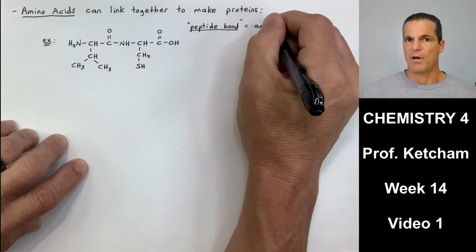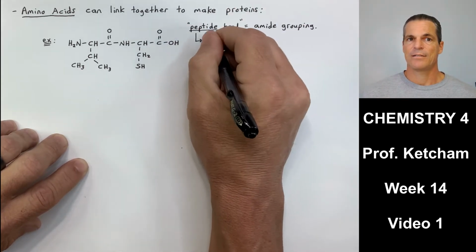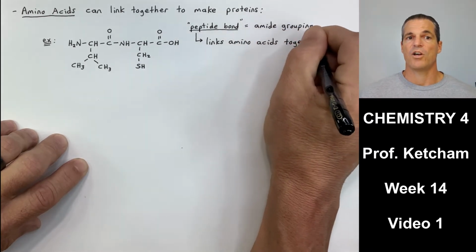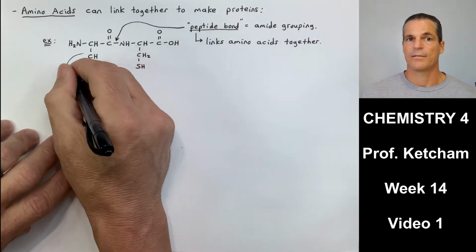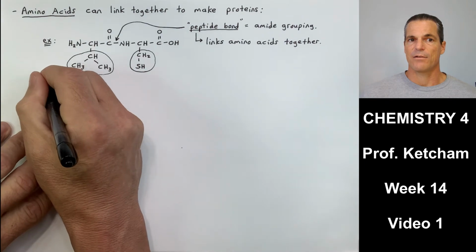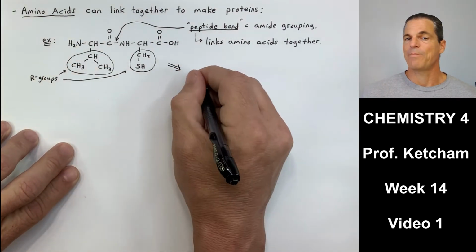Now, a peptide bond we've actually learned about before, and we learned about it as an amide. So if you see in the middle of this compound here where the C double bond O is attached to an NH, that's a new bond. Okay, so if I have two amino acids linked together by one peptide bond, this is called a dipeptide.